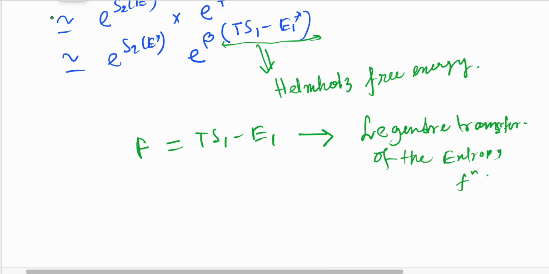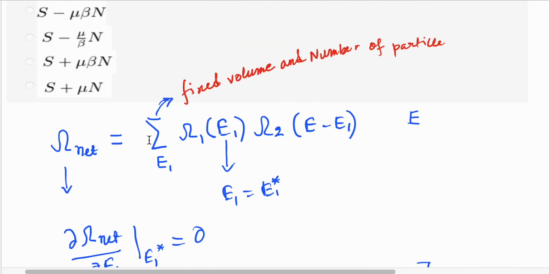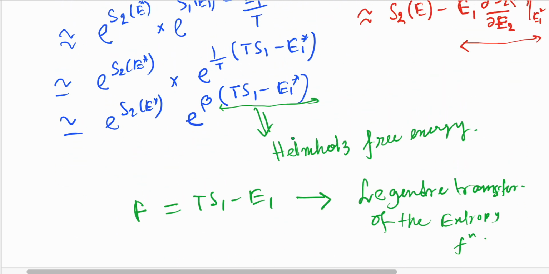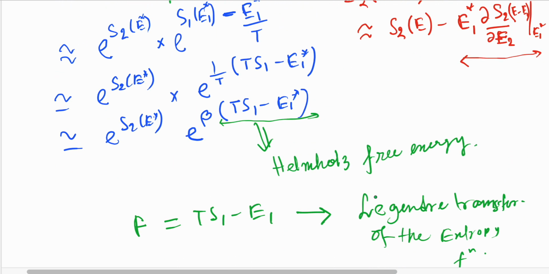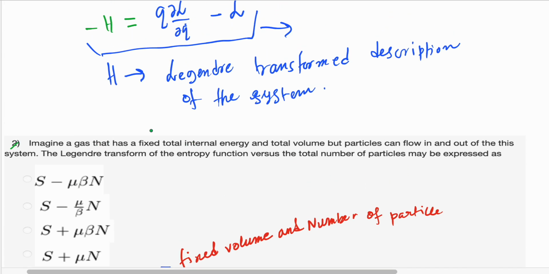So now we know how we will come to the point where we can say that if the system and reservoir are only allowed to exchange energy between them, then we will know the Legendre transform form of this entropy when we describe the entropy as a function of energy only. Now in the question, it is asked that the gas has a fixed total internal energy and total volume.